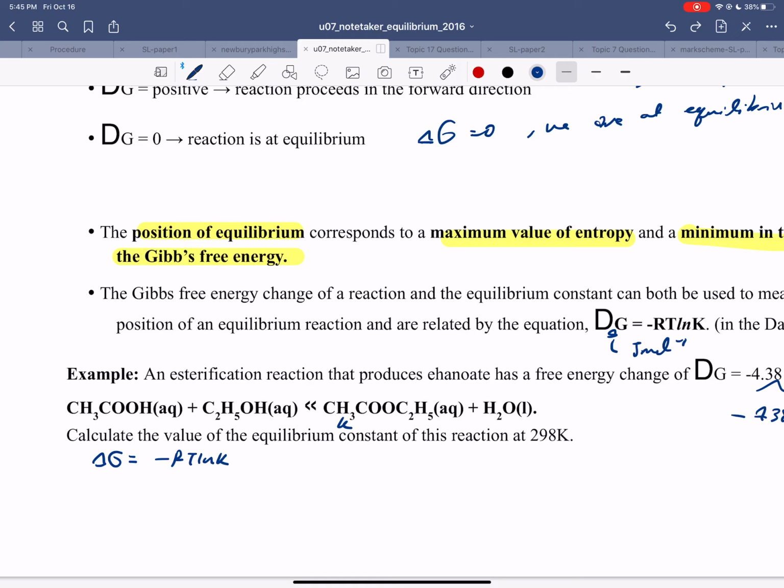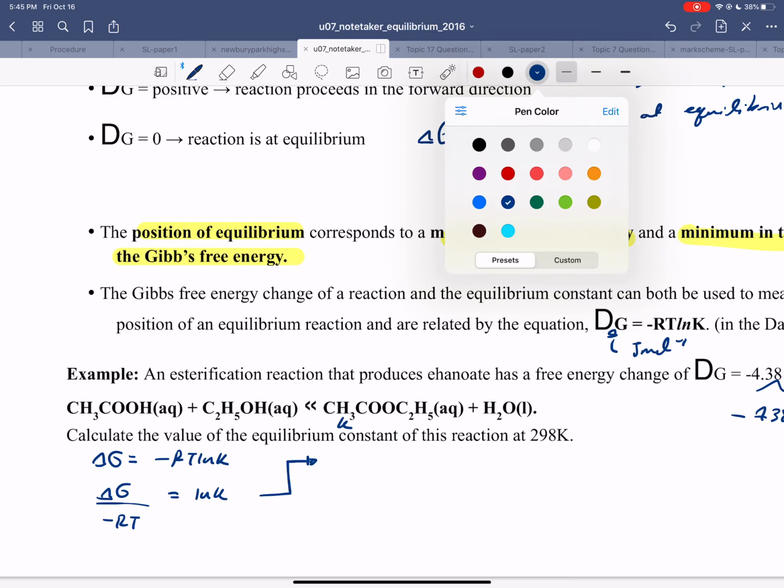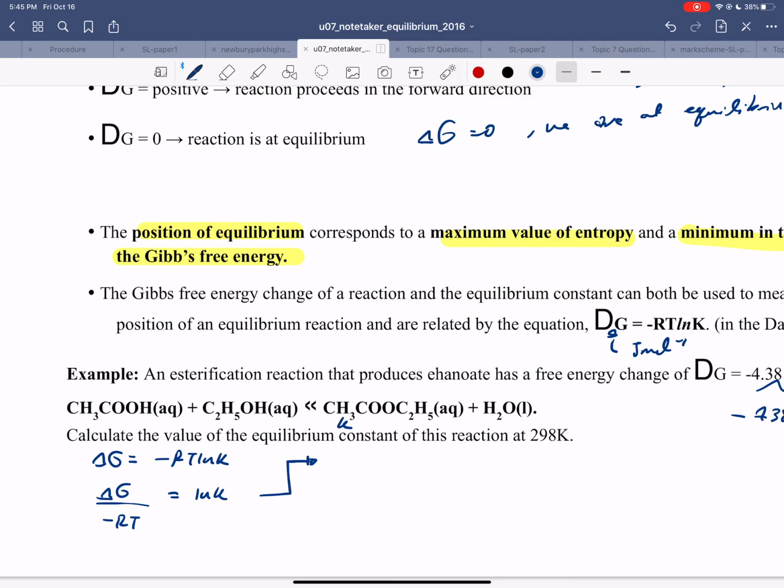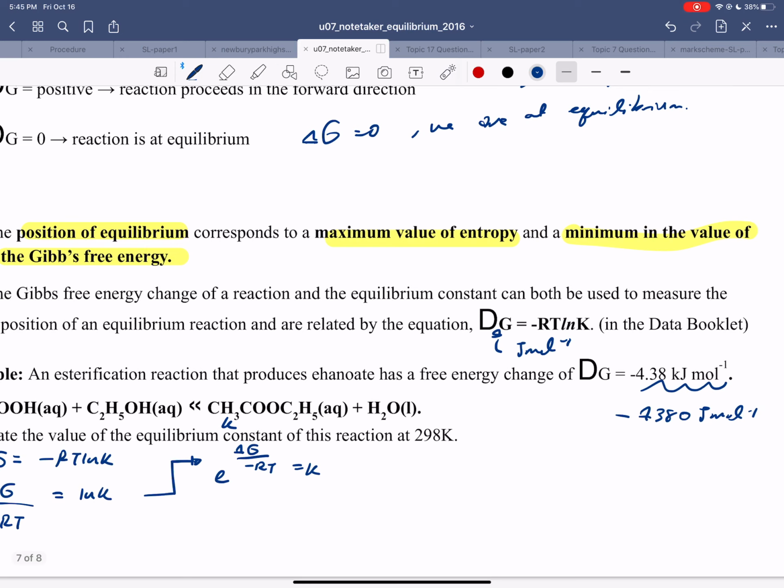So we're going to isolate for this. Well, first of all, let's isolate ln K. So we get delta G over negative RT is equal to ln K. We know that ln is just the log base e. So if we use our log laws, this just becomes e to the delta G over negative RT is equal to K, and then it just becomes a game of plugging it in.